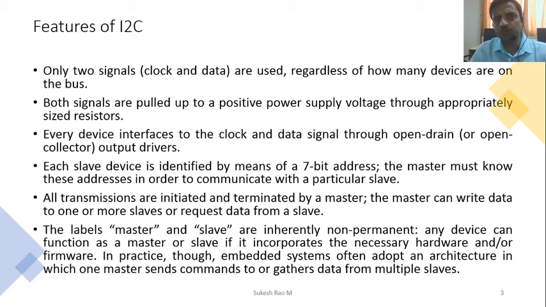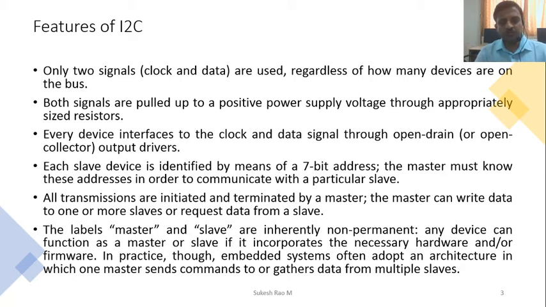As you know, with a 7-bit address field you can have combinations from 0 to 127. So totally you can connect up to 128 devices. We can have 128 devices connected in parallel on an I2C bus, and they are always labeled as master and slave.